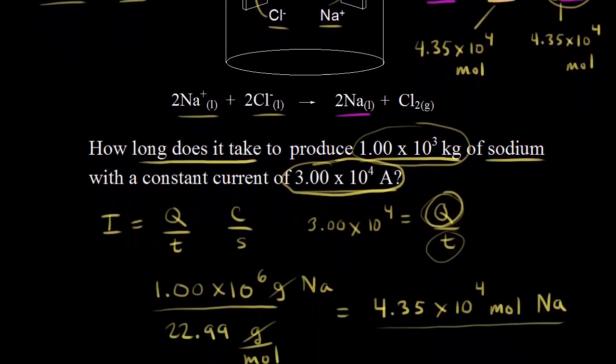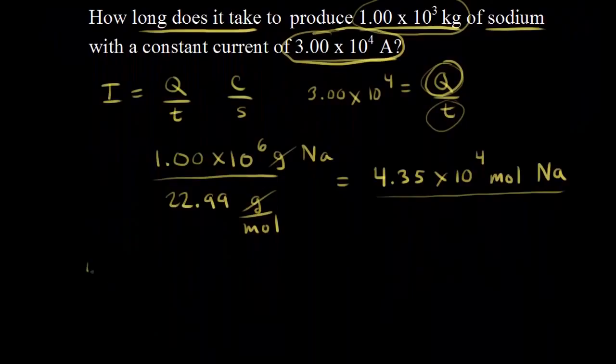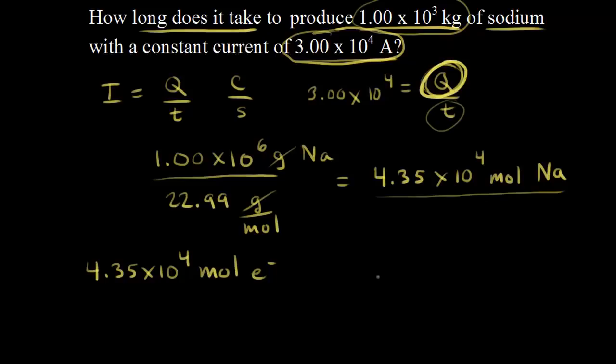Let me go back down here. We have some more room, and let me write down 4.35 times 10 to the fourth. Because of our mole ratios, this is the same number of moles of electrons that we need. We're trying to find the charge. We can go from moles of electrons to the total charge using Faraday's constant. Faraday's constant is the charge carried by 1 mole of electrons, and that's 96,500. So there's a charge of 96,500 coulombs for every 1 mole of electrons.